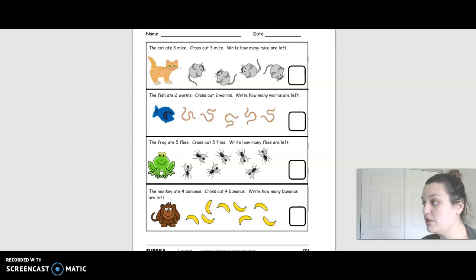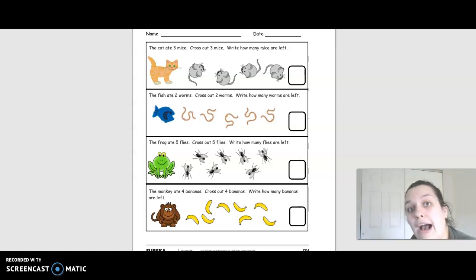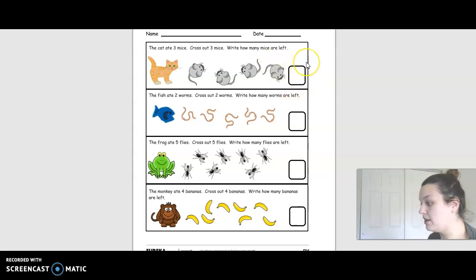With the help of grandma or grandpa or your aunt or your uncle or a brother or sister, or maybe you can even read the problems yourself, you're going to read the problem and cross out how many it tells you to cross out. Like this one says, the cat ate 3 mice. Cross out 3 mice and write how many are left. So in this box over here, you're going to write how many are left.